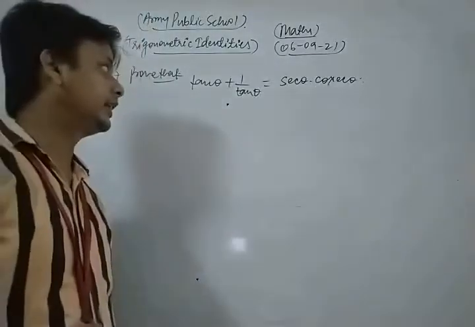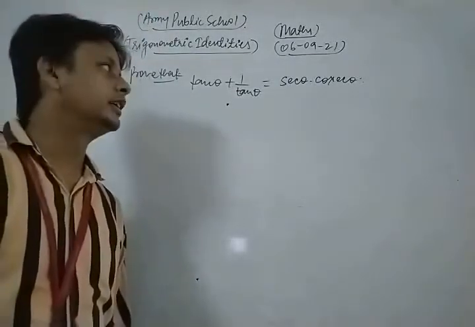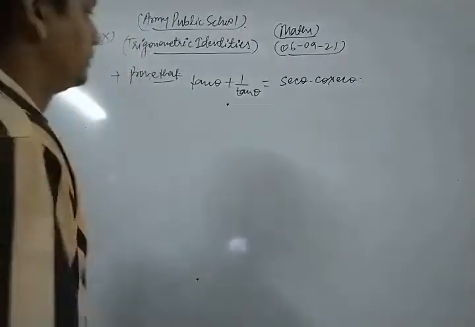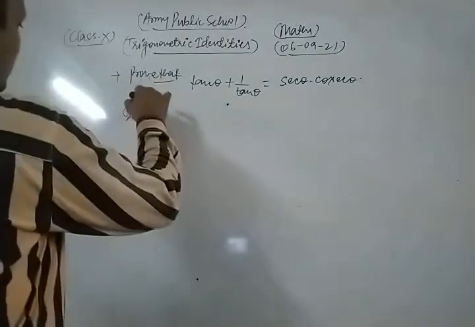We have to show that tan plus 1 upon tan is sec theta into cosec theta. So first of all, we convert into sine and cosine. Let's see its solution.